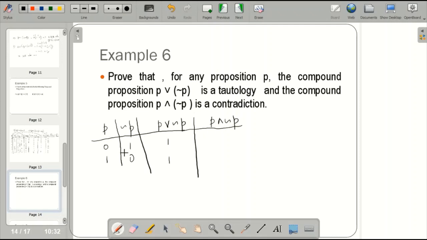So you know in AND operator, when both are true, you will get the truth value. So here it is 0. So you can see these values are nothing but the contradiction, and these values are nothing but the tautology. So this is how you are going to solve it when it comes in terms of tautology and the contradiction in terms of truth table. Okay, so this is example 6.